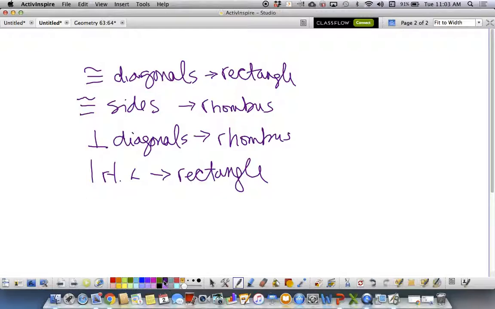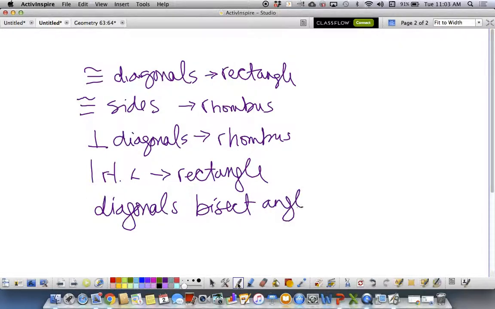What about, don't say it out loud yet. Oh, let me just erase. What about diagonals that bisect angles? Actually, you could probably say opposite angles.